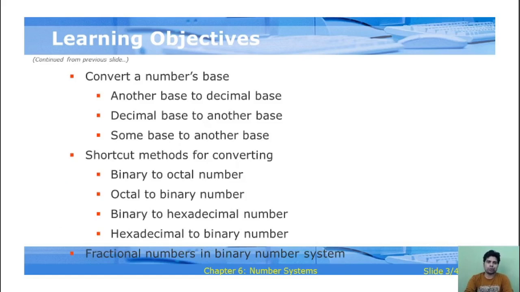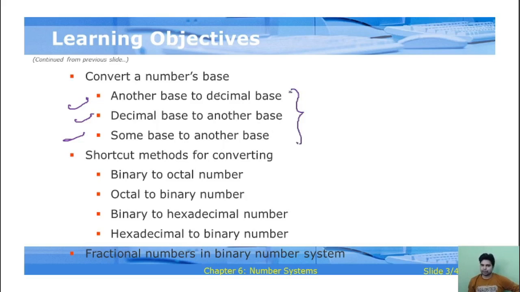The learning objectives of this chapter are as follows: convert a number to a base. How can we convert a number from another base to decimal, and from decimal to another base, or from some base to another base? All types of conversion are possible.